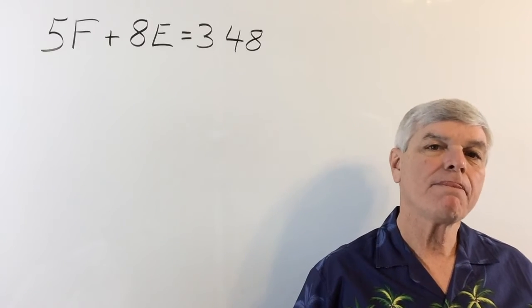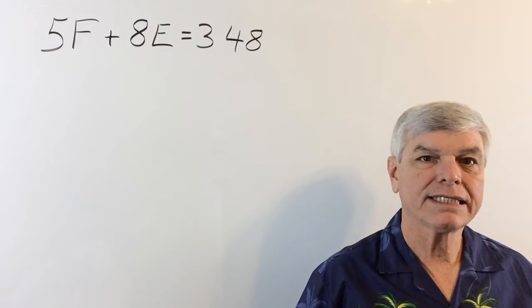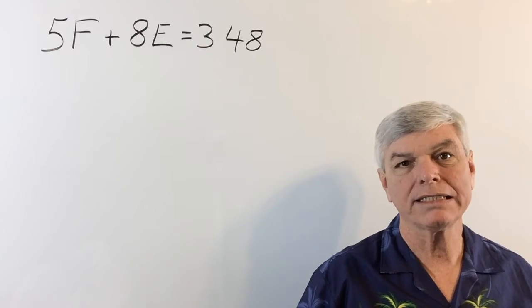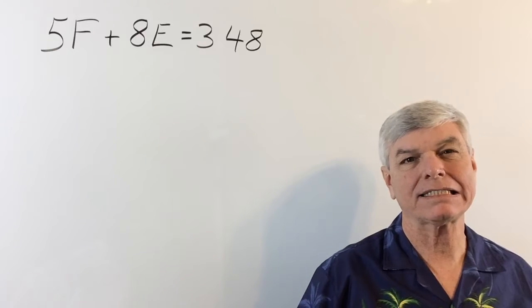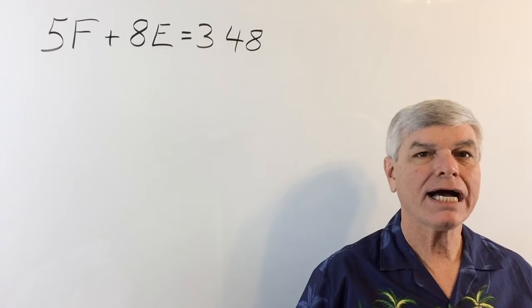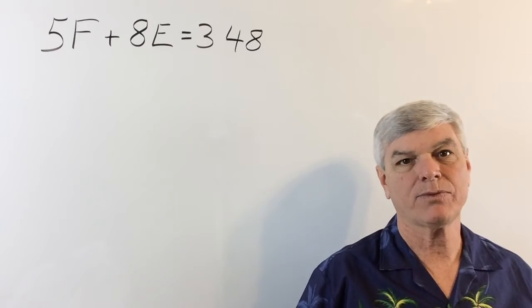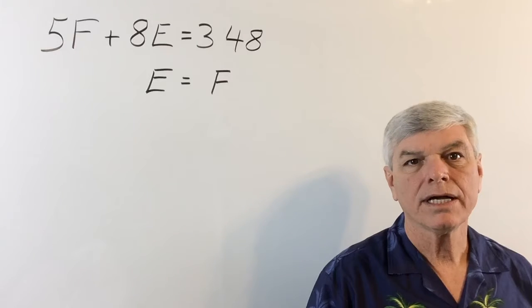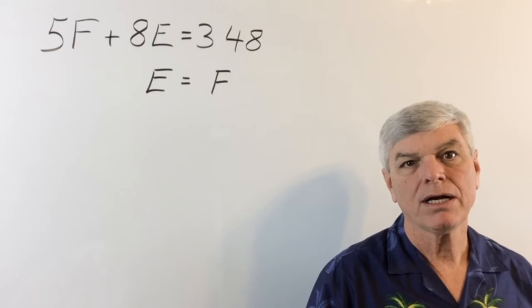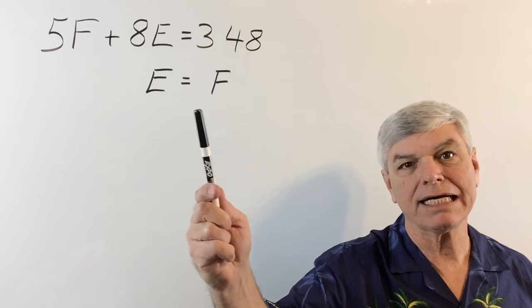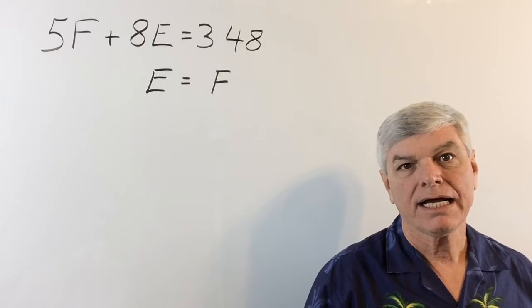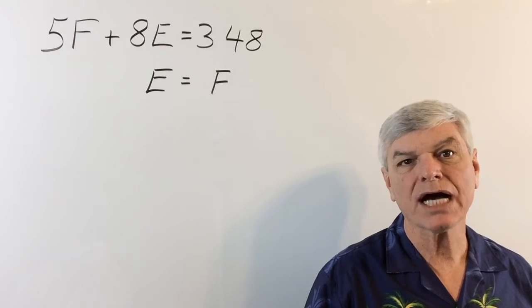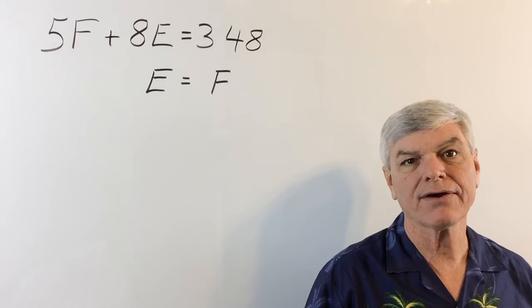Now, in our previous problems, they said that we had 11 coins, 41 tickets. And here, they're not telling us how many stamps we have. They're doing it by giving us a relation. And so when we have a relationship, we're going to write it like this: E equals F. And a relationship is we have 2 times as many of one thing as another.